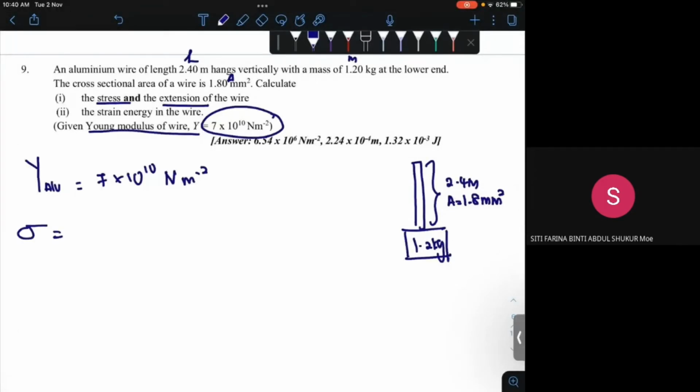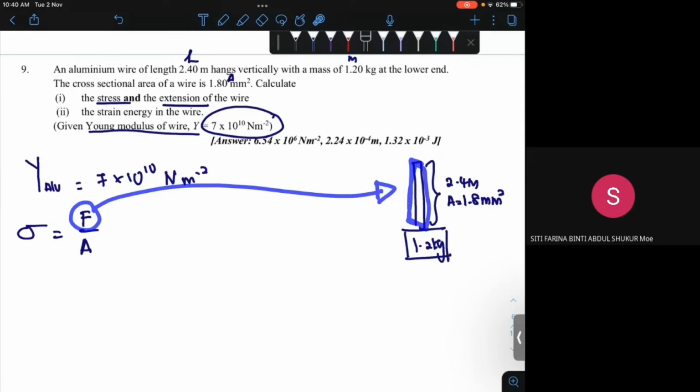Stress adalah force over area. Okay, force dekat sini adalah force that this cable is going to experience for every cross-sectional area ini. Okay, the force that has been applied yang dia akan rasa dekat sini.